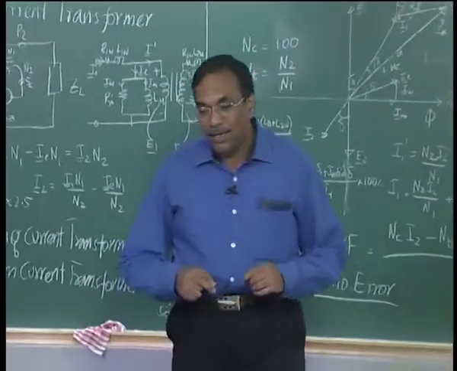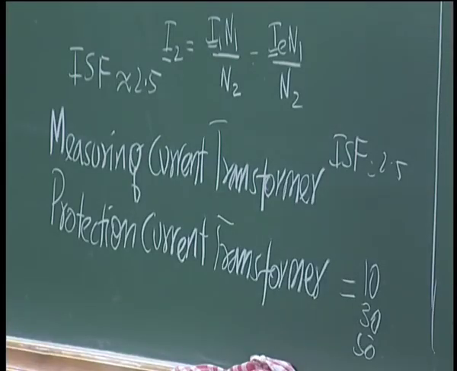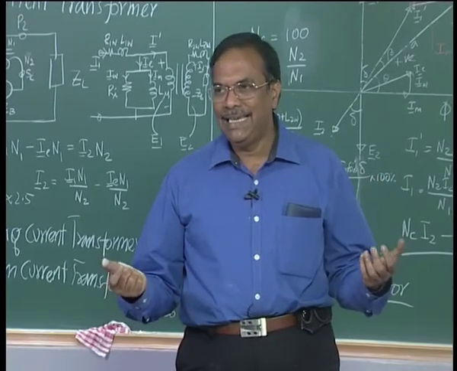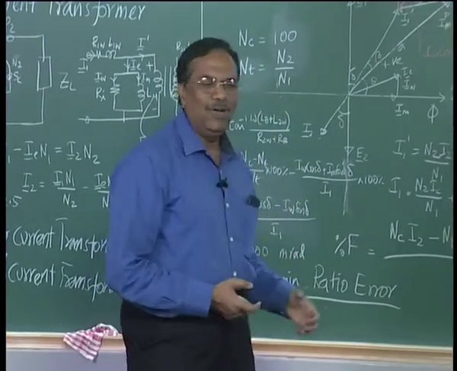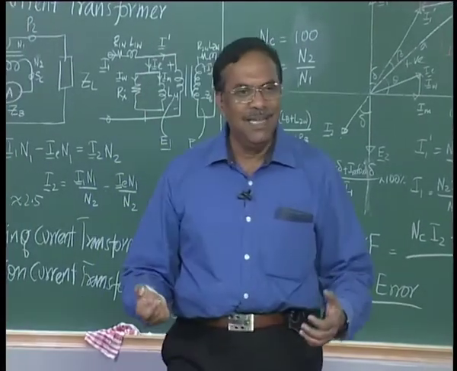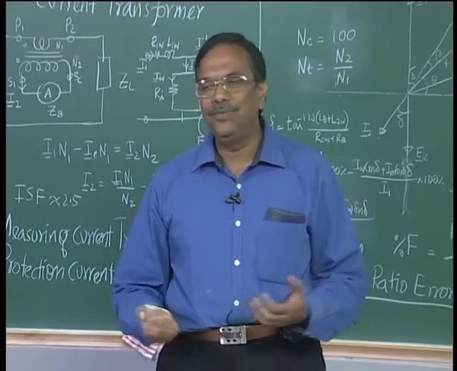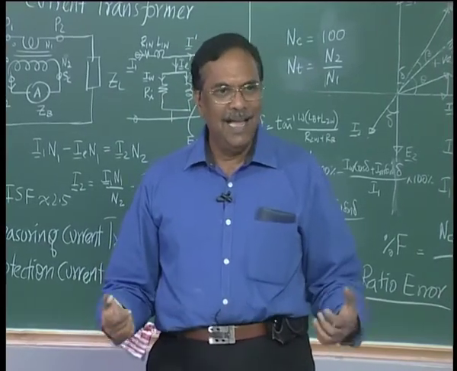Now when I want to measure the current, I am worried about the accuracy of the current transformer. If I am measuring 100 amperes, I want to measure it as exactly 100 amperes. I do not want to measure it as 99 amperes, or 98 amperes.